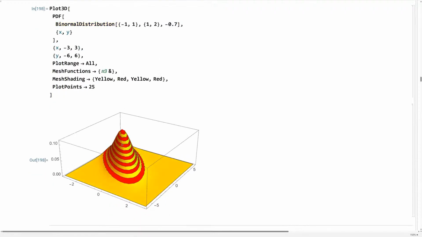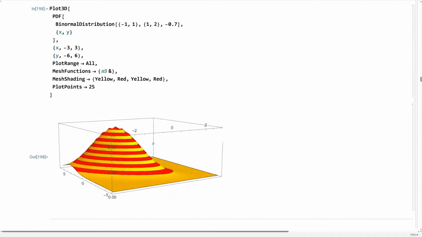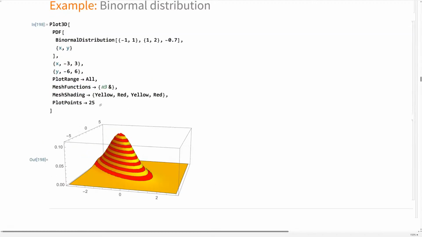From this side it's a normal distribution, and if I plot it from this side, it's also a normal distribution. Again, it's the PDF of this distribution, and all the other things are just cosmetic details, like how I want it colored.